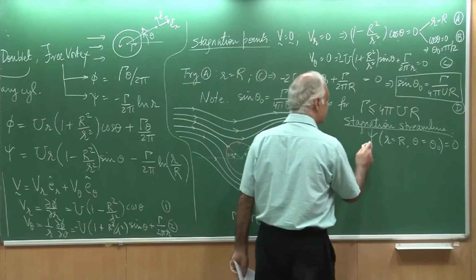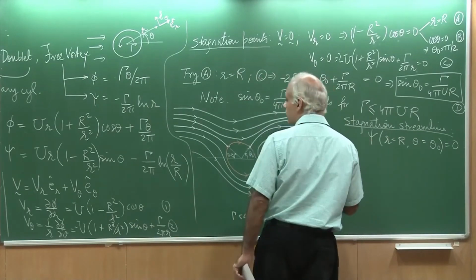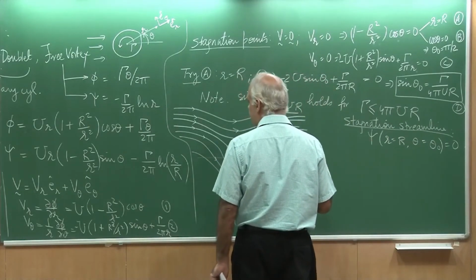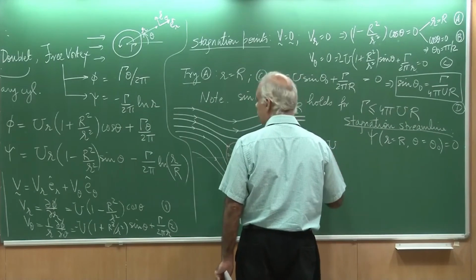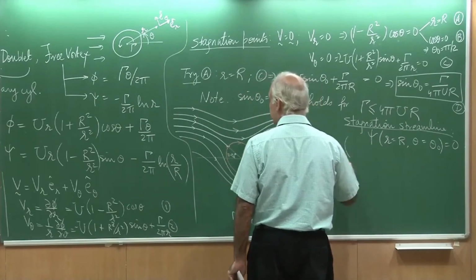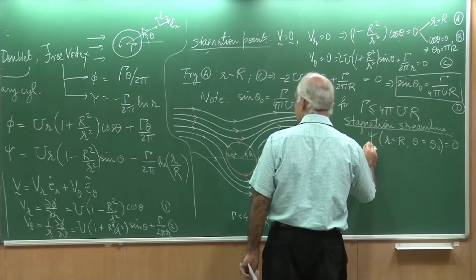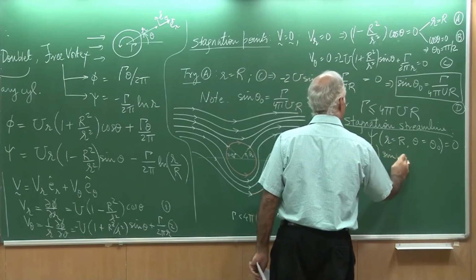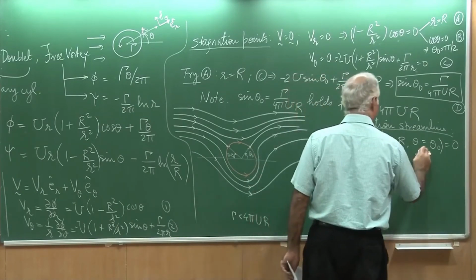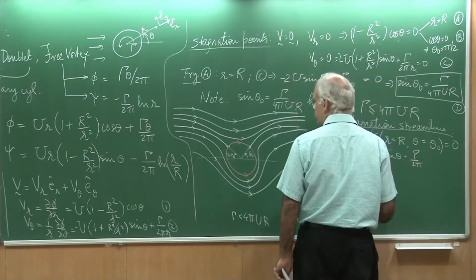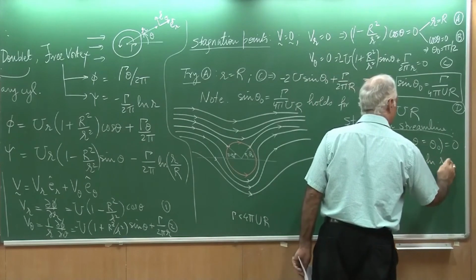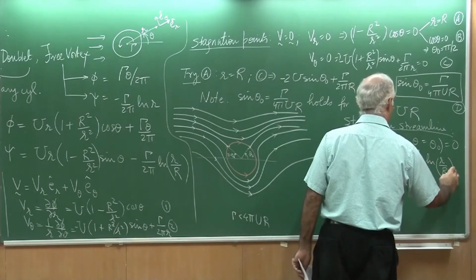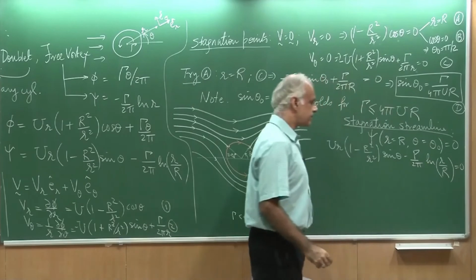So the stagnation streamline would be simply the psi equal to 0 line, and let me write that expression for you. It would be simply u r times 1 minus R square by small r square sine theta minus gamma by 2 pi natural log of r by R equal to 0.